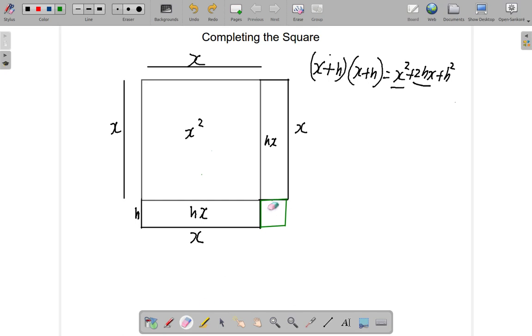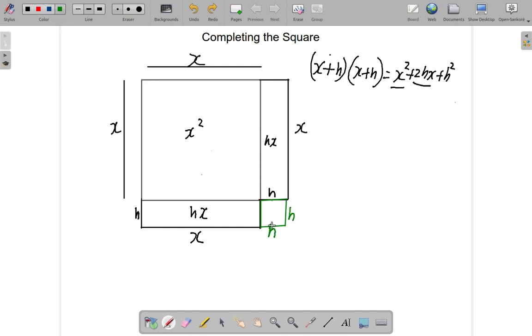Let me put this h up here instead. I don't want to confuse it with anything that I'm going to write in my little square. So now I have my little square here in green. What are the dimensions? This width is h, so this width is also h. This height is h, so this height is also h.